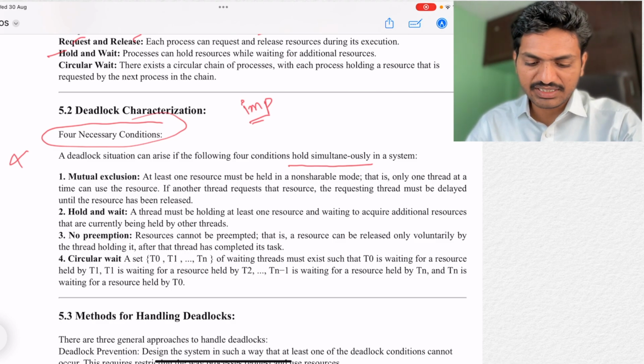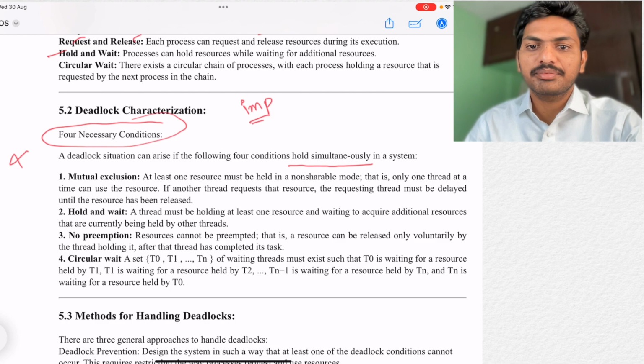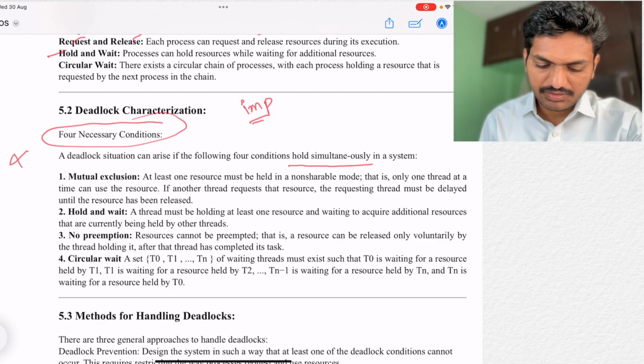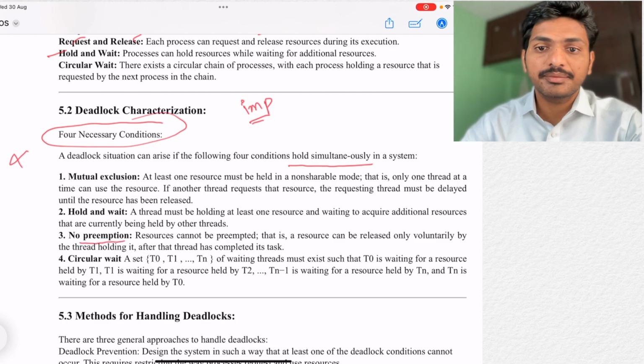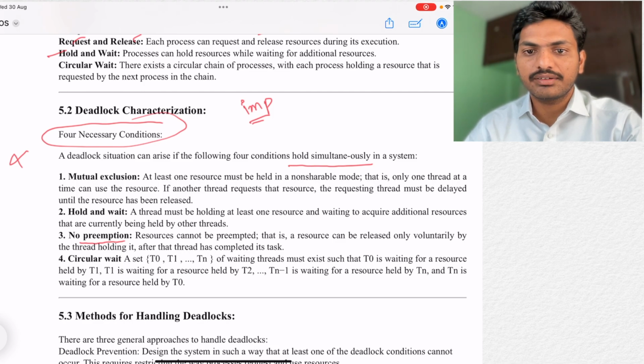No preemption means resources cannot be preempted. Preemption means taking away from somebody else. When somebody is using the printer, printing 100 pages, and has completed 50 pages, you want the printer and you take it from him.